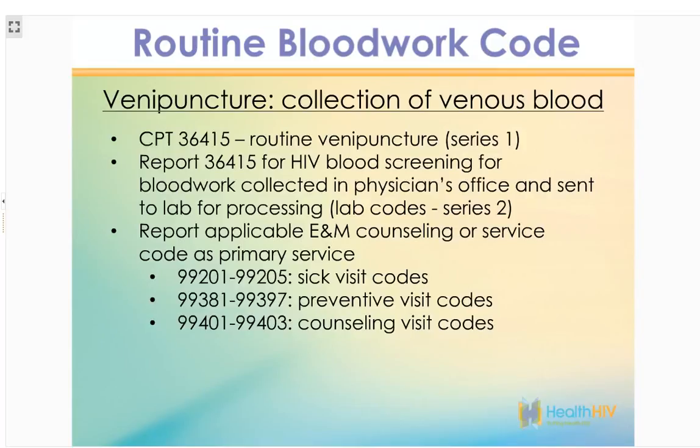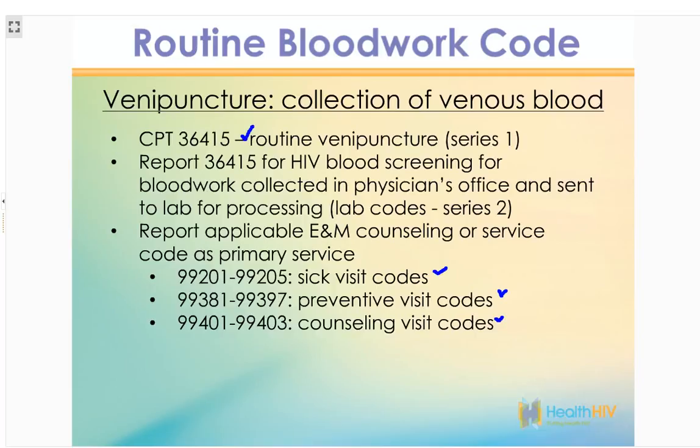We also spoke about the venipuncture code. Whenever a patient comes in for HIV testing, if your practice decides to not do the rapid test, but instead decides to do blood screening, then when you report your E&M visit code, whether it's a preventive service, a sick visit service code, or even a counseling code, you would report the code for venipuncture, which is 36415.